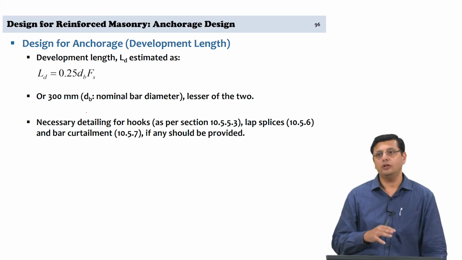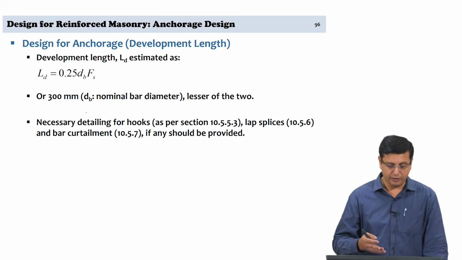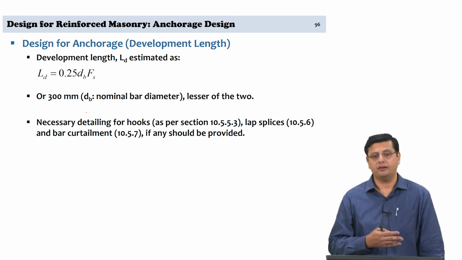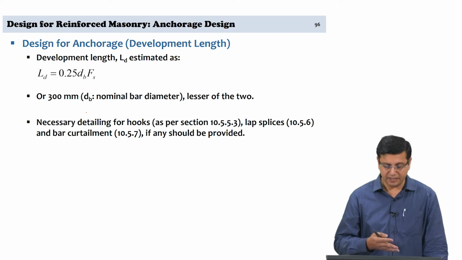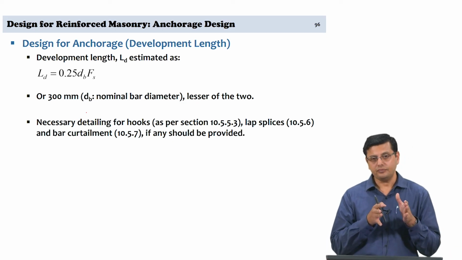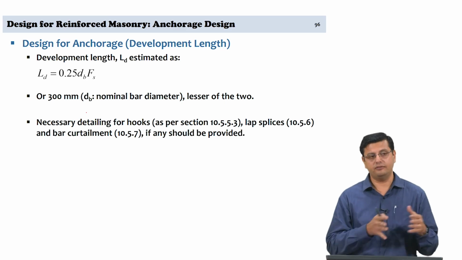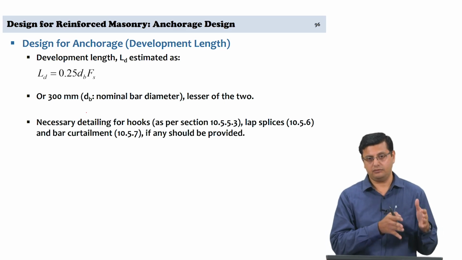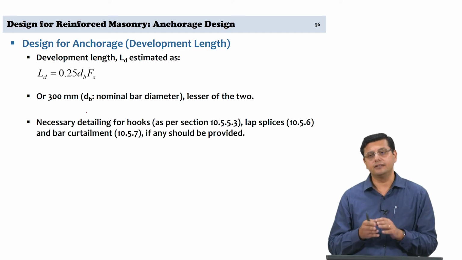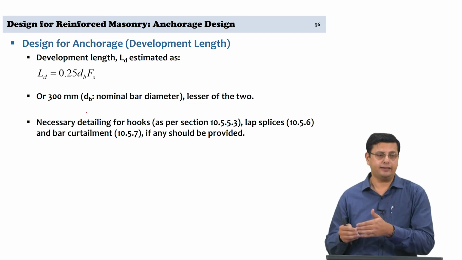So what we will do in the next couple of sessions is to take up the design process from the system level and arrive at the design forces that are required at the component level.